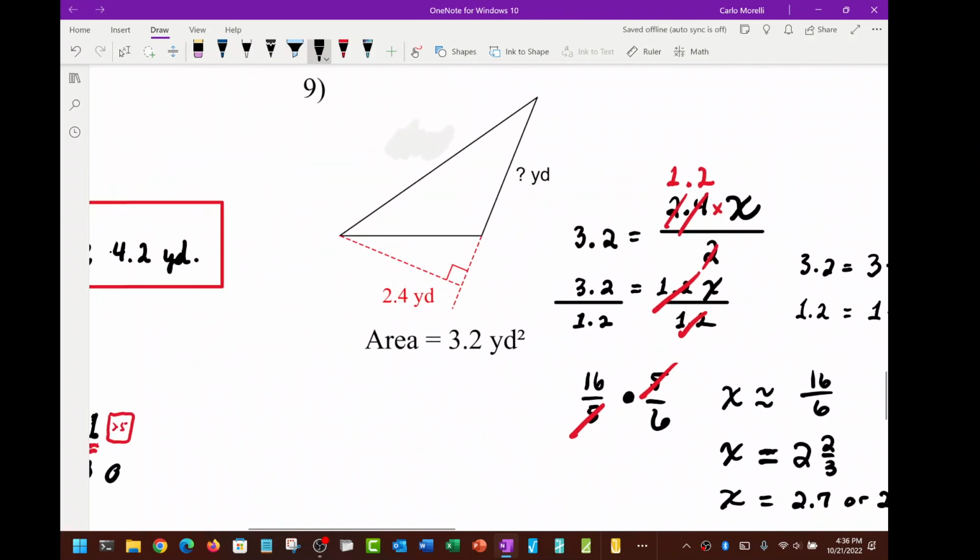But that's going to be the base. So we'll just say the base. Let's say that they only went out to the 10th place. The base is approximately equal to 2.7 yards. We'll put that in a box.